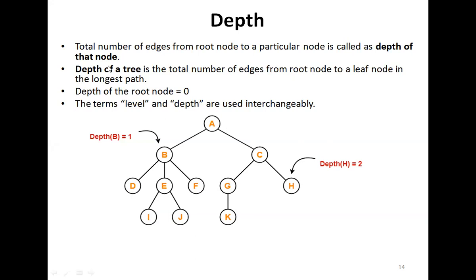In the longest path, you have to find the number of edges from the root node to a leaf node. That is the depth of the tree. Okay, and the depth of the root node is 0, because the number of edges from itself to itself is 0. And the terms level and depth are used interchangeably. Okay, level and depth.